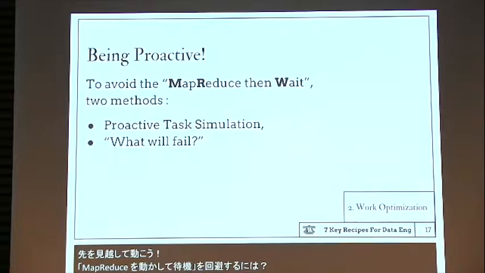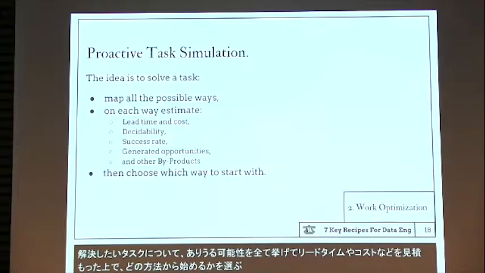What we call proactive task simulation is, instead of solving a task right away and thinking, okay, this is the solution, we map out the whole problem and all the ways we could solve a specific problem.